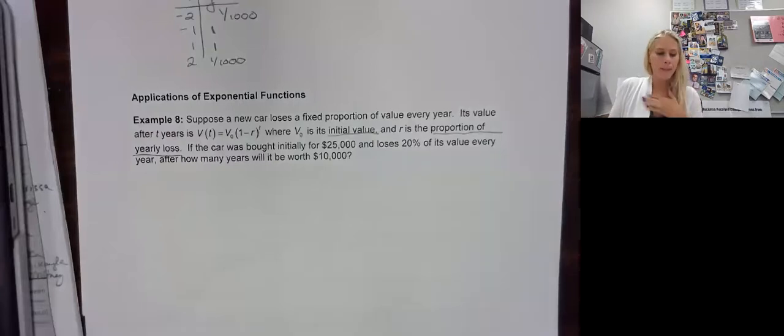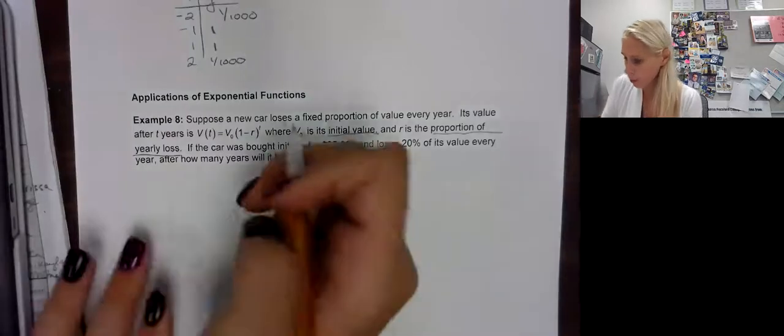Excuse me. If the car was bought initially for $25,000 and loses 20% every year, how many years will it be worth $10,000? Okay, so let's think about what we're talking about.